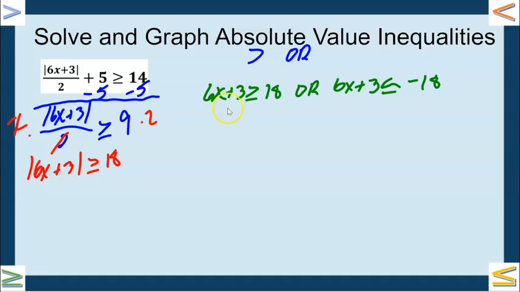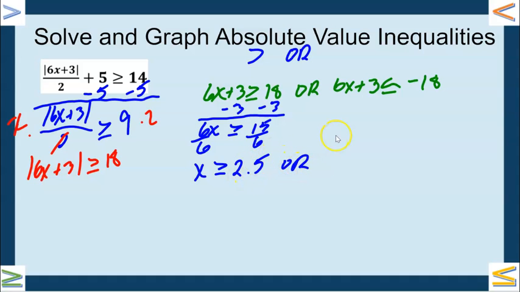And now I can simplify. So I'm going to get the x by itself by subtracting 3. And I have 6x is greater than or equal to 15. To get x by itself, I'm going to divide by 6. And now I have x is greater than or equal to 15 sixths, simplified as a fraction would give us 5 halves. 5 halves is 2.5.